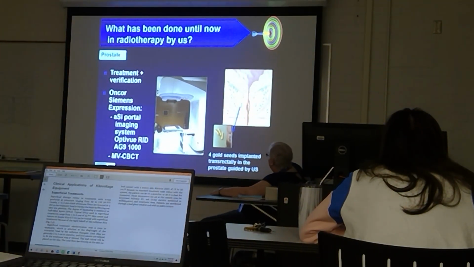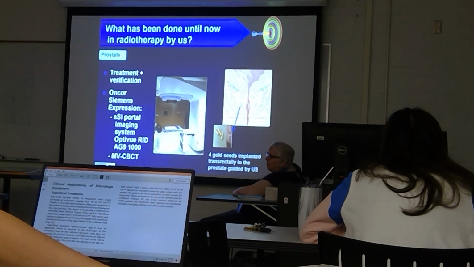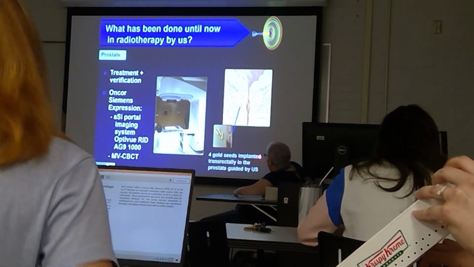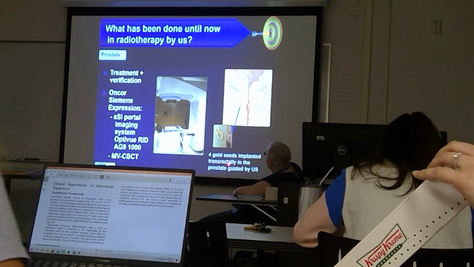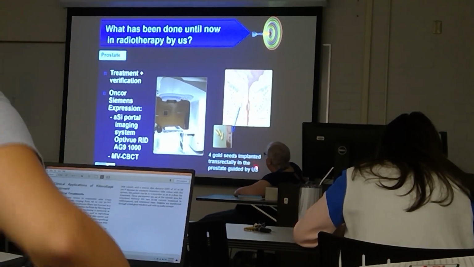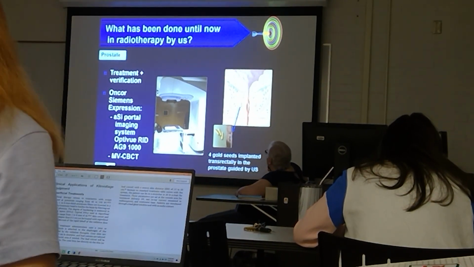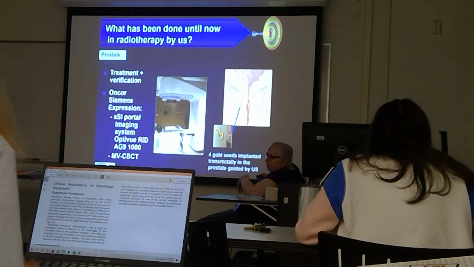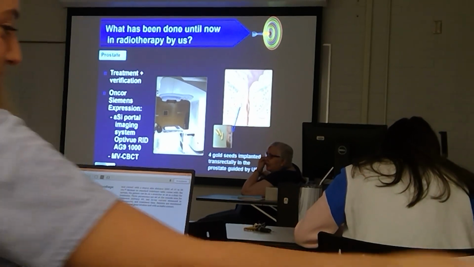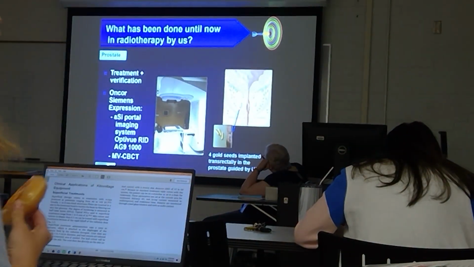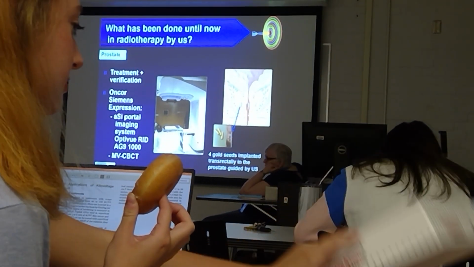And the seeds, fiducials. They're implanted transrectally into the prostate via ultrasound. There are usually 3 or 4. The idea is that if the prostate moves, the seeds move.